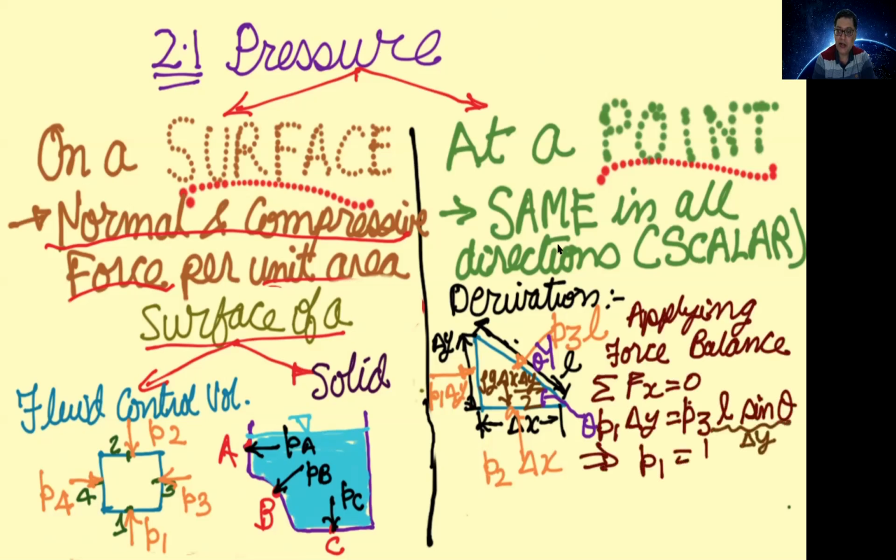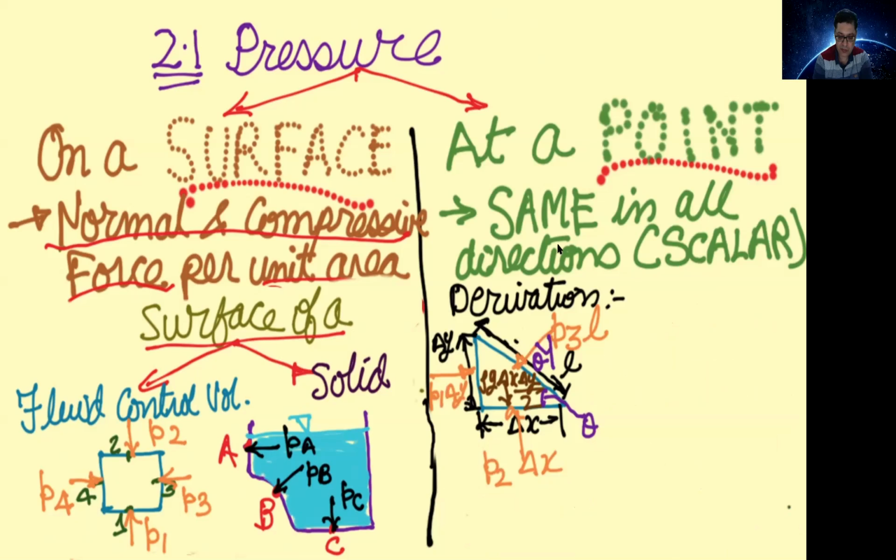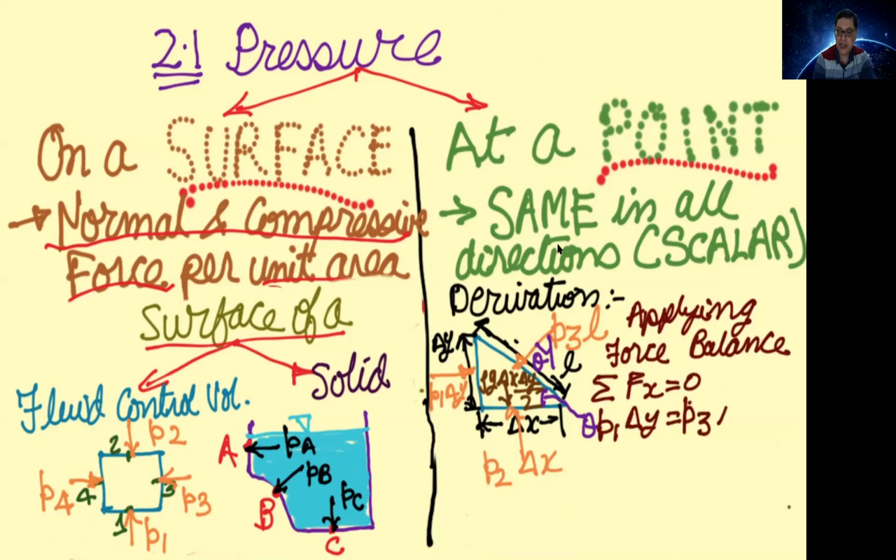Note that in this triangular control volume, this angle is theta. So the angle of this pressure P3 with a vertical line is theta. If you want to take its horizontal component, you have to multiply P3 by sine theta, P3 into L sine theta, where L sine theta is equal to delta y.